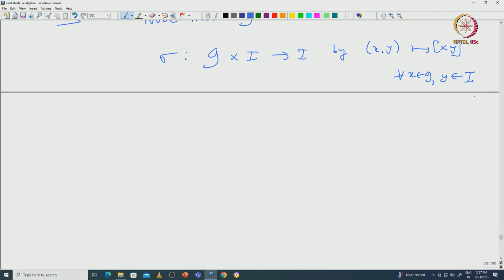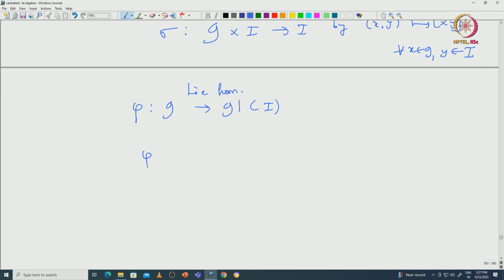So this is going to define a linear homomorphism from G to GL of I. So this is actually a Lie algebra homomorphism. So in particular, if you look at the image phi of G inside GL of I, this will consist of all nilpotent transformations.